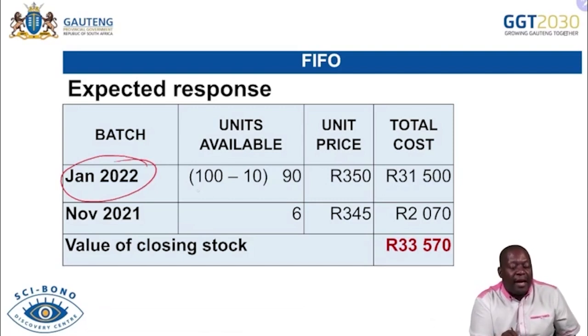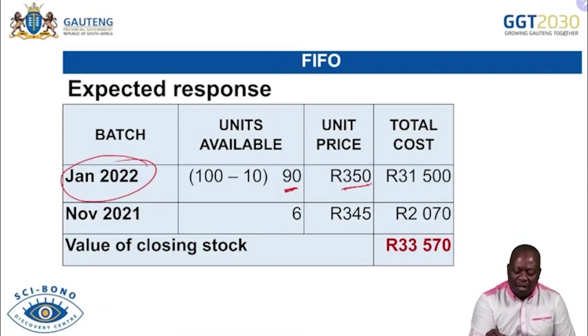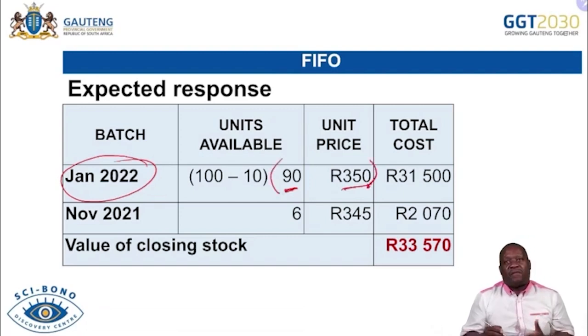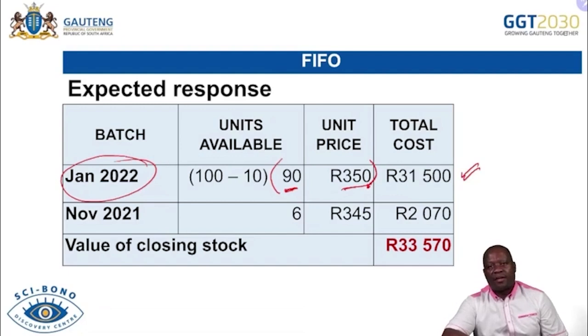It's going to be 100 minus 10. Remember, the 10 went back, so we are only left with 90. And then 90, what is the price for one? It's 350, which means we multiply 90 times 350 to find the value, which is 31,500. Is that making sense?